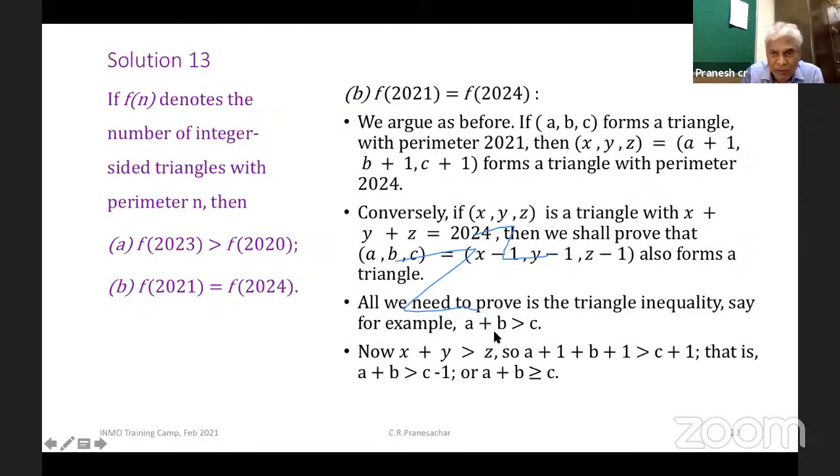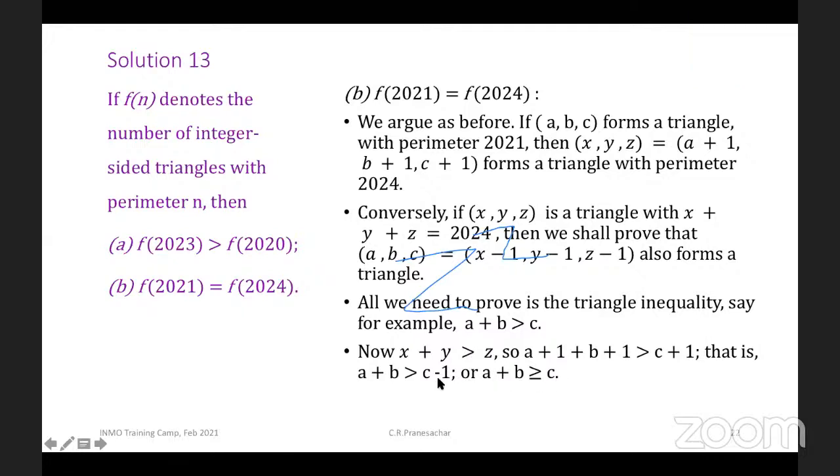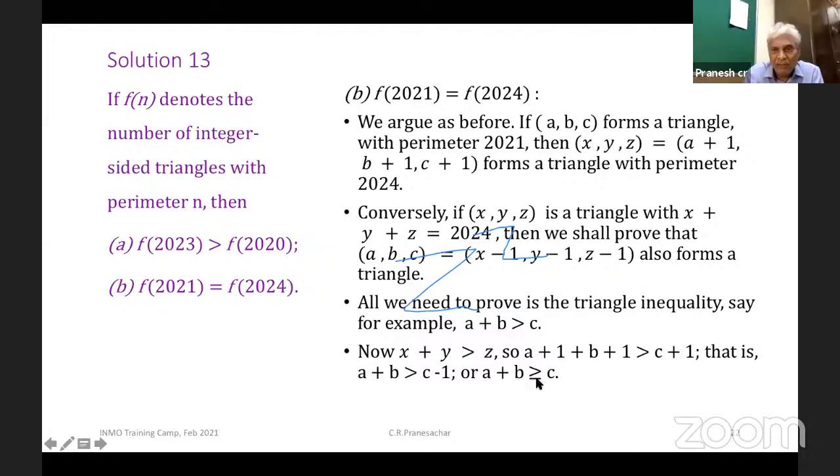What we need to prove is a plus b is greater than c. But at least we have a plus b greater than c minus 1. So does it follow that a plus b is greater than or equal to c? Yes, sir, because a, b, c are integers, therefore a plus b is greater than or equal to c. Only you have to prove that equality does not hold here.